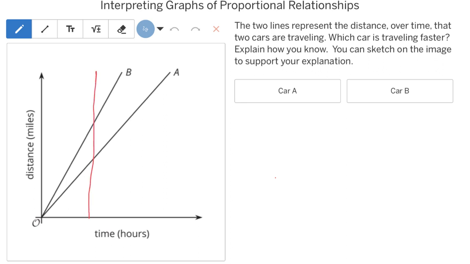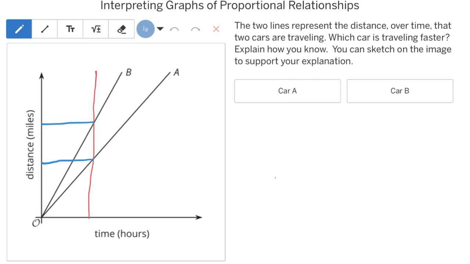If I draw my time here as a straight line and look at the distance each one has gone after that same amount of time, B has gone farther than A. So B's distance is farther in the same amount of time.